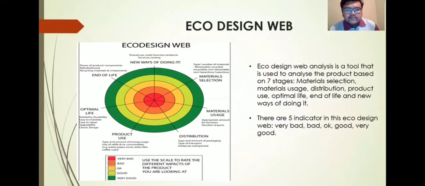And after that we decide with this color, which is red, orange, yellow, light green, or dark green. The red one is very bad, and the very good one is the green.